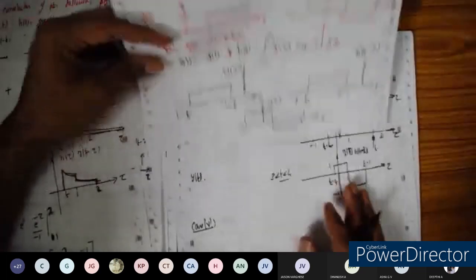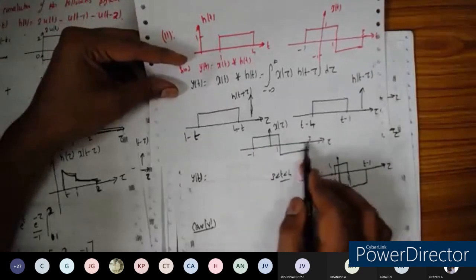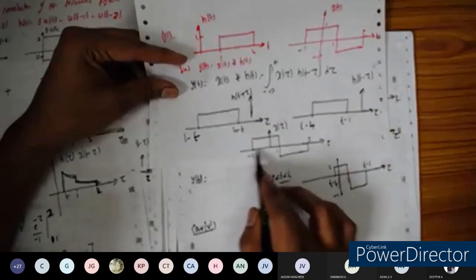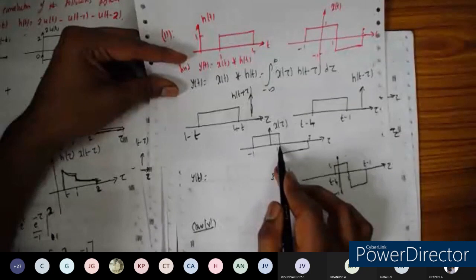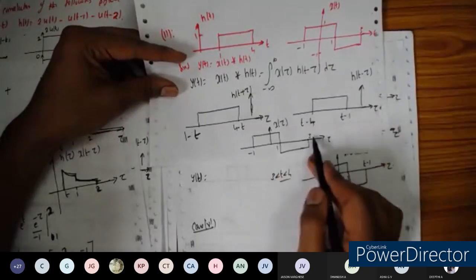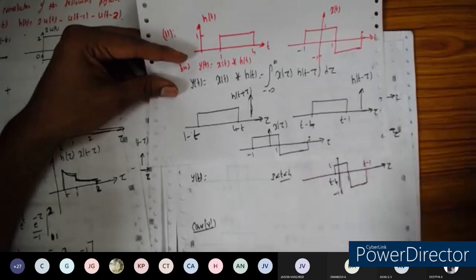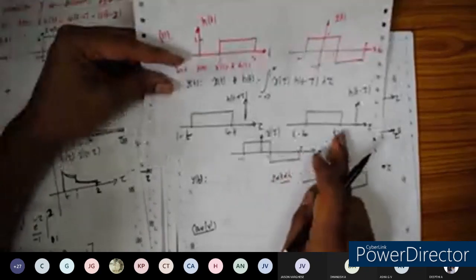Okay, fine. Now let us take the case here. Already we have taken t minus 1 greater than 1 and less than 3, and t minus 4 between -1 and +1. Now what we can do is move t minus 1 outside the 3. So let us take the condition.